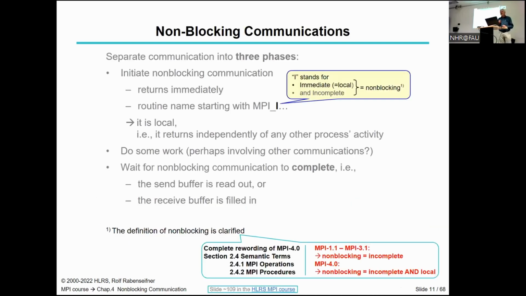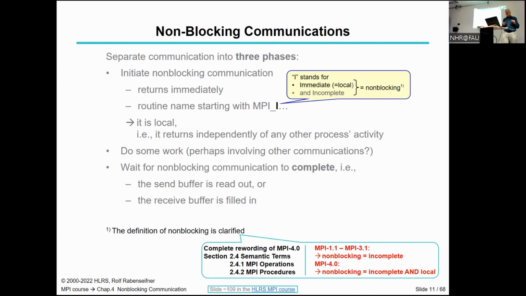And the problem was, when we tried to do this, that the whole wording in MPI about what is a non-blocking routine and so on was not really written in a precise way. Therefore, the idea was really to write it now in a perfect way.